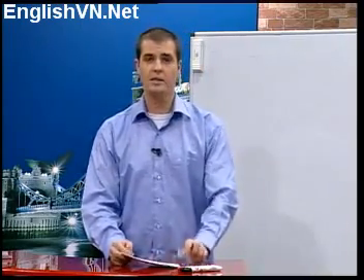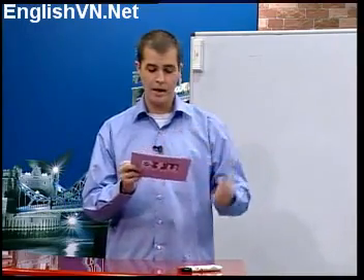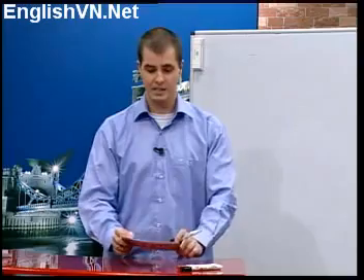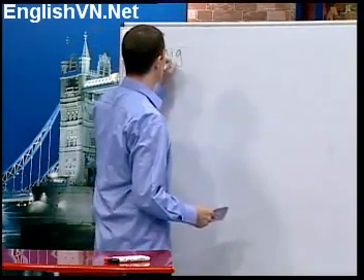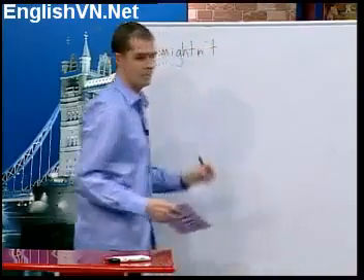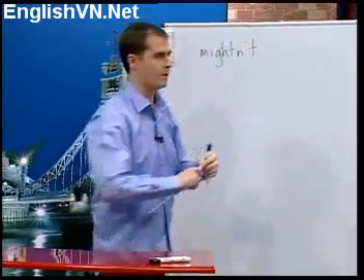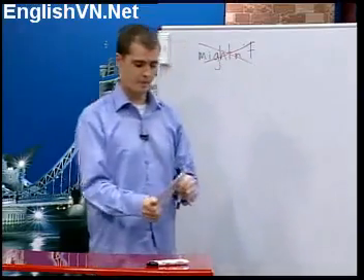Okay, so might has many meanings. Might expresses a possibility in the future or a possibility in the present. The negative form of might is might not. So like may, there is no mightn't. Mightn't does not exist. Only might not.